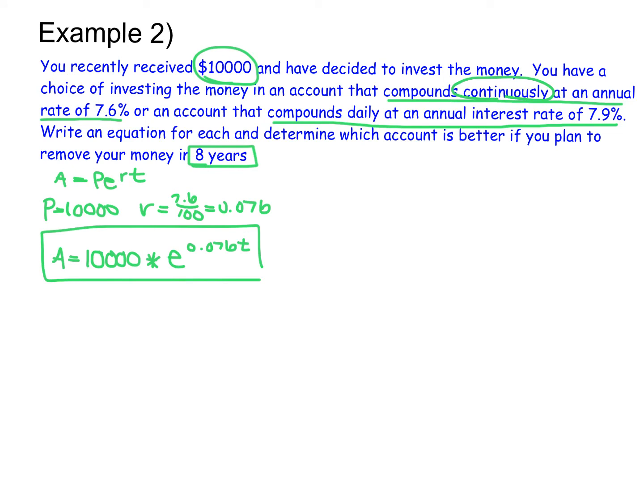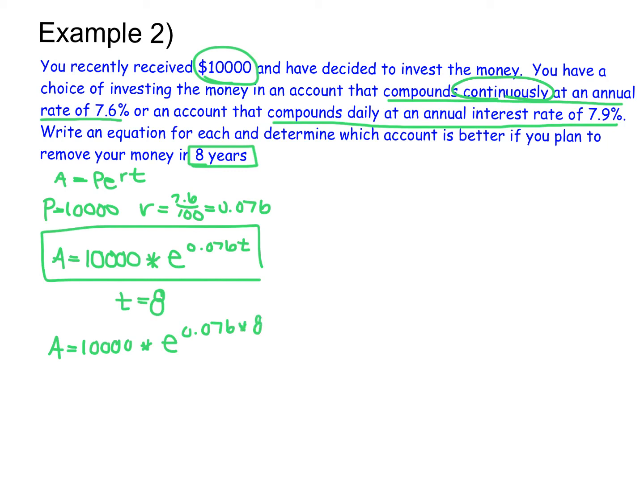Now, in this particular situation, we know that it is taking place over 8 years. So we have t is equal to 8. So we're going to substitute that value in to find the amount we would have after 8 years. So we have e to the power of 0.076 times 8.